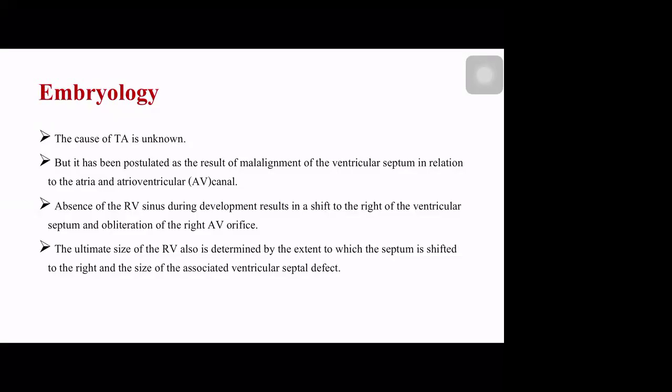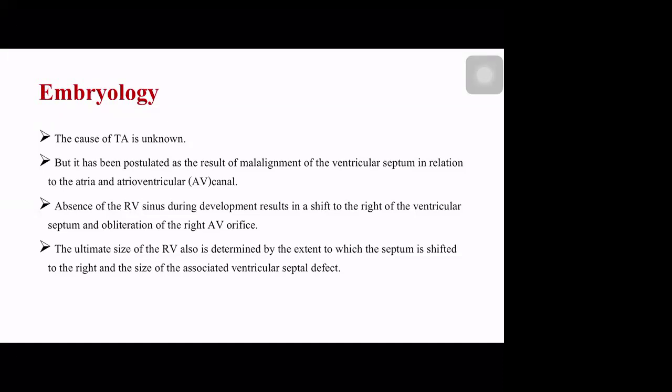Normally there is formation of the RV sinus, which ultimately develops into the right ventricle. The absence of the right ventricular sinus during development results in a shift to the right of the ventricular septum and ultimately obliteration of the right atrioventricular orifice. The ultimate size of the right ventricle is also determined by the extent to which the septum is shifted to the right and the size of the associated ventricular septal defect.